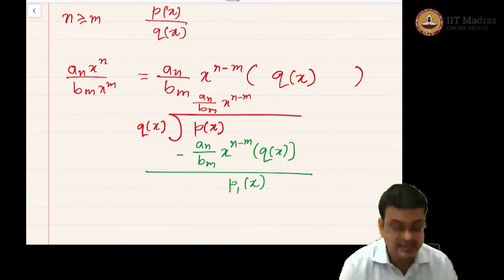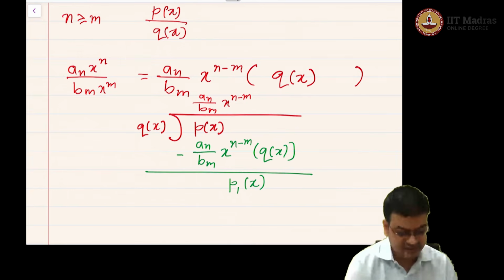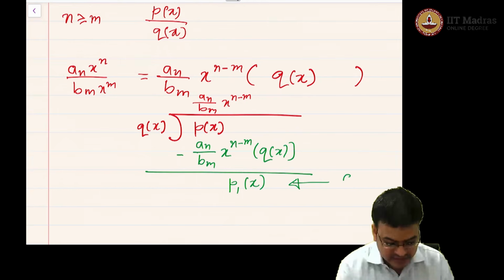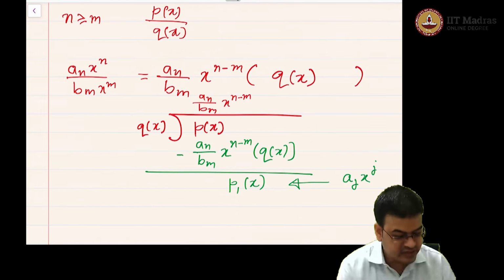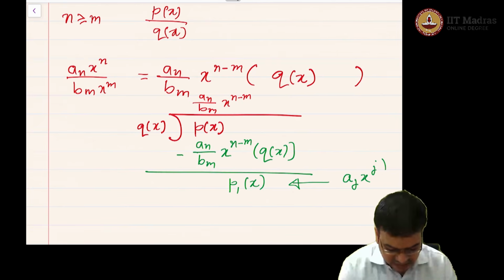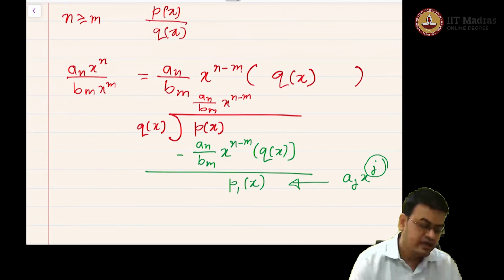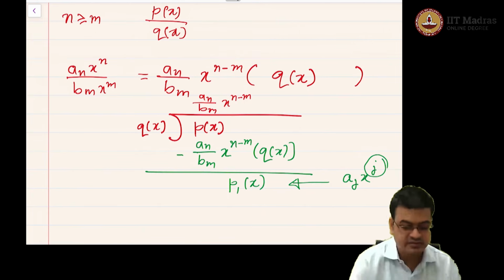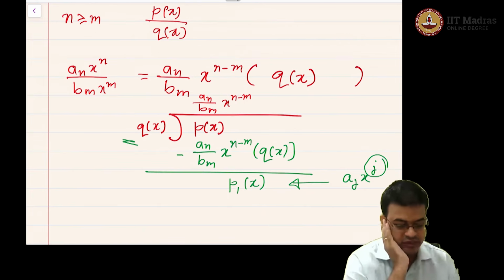Again I will analyze this p1(x). I will take the leading term of p1(x), say a_j x^j, and check whether this exponent j is less than the degree of q(x). If so, then I will stop here.